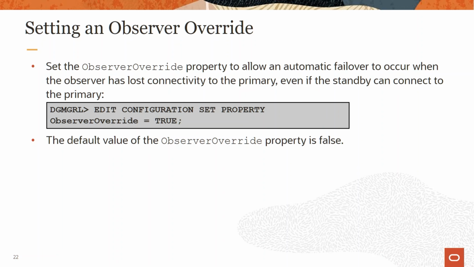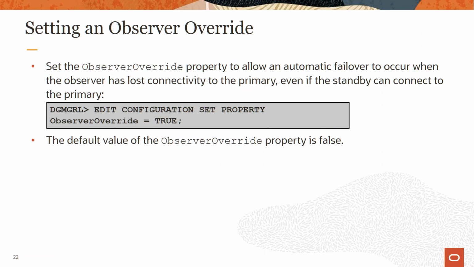Only when both conditions are met is fast start failover possible. However, you may want to set up fast start failover to initiate even if one condition is met, for example, the observer lost the connection to the primary database.